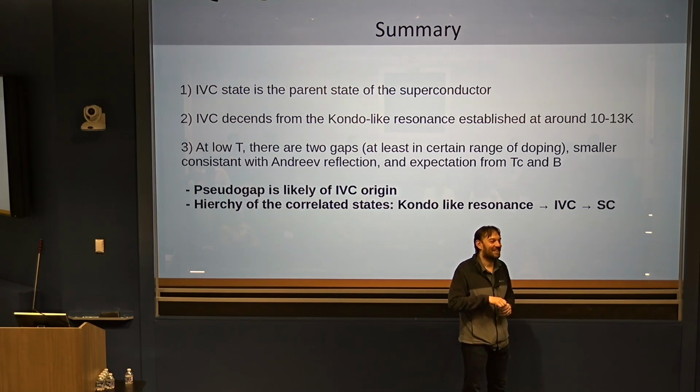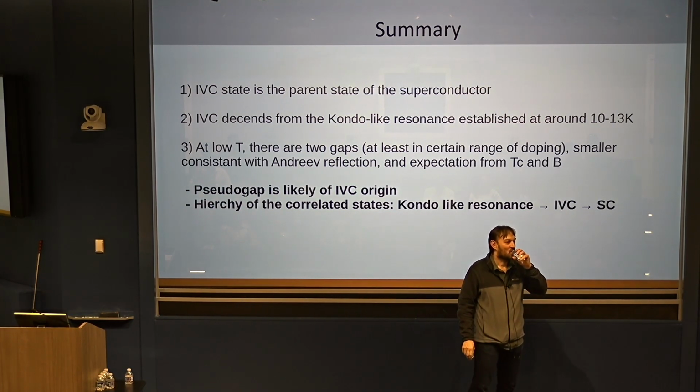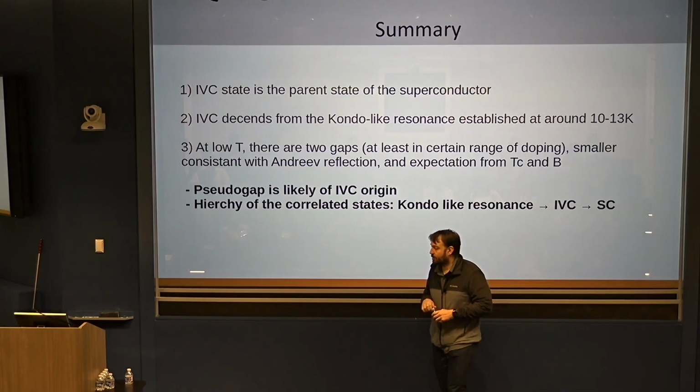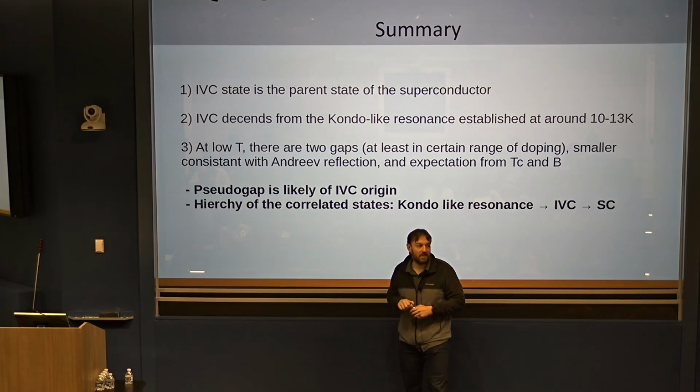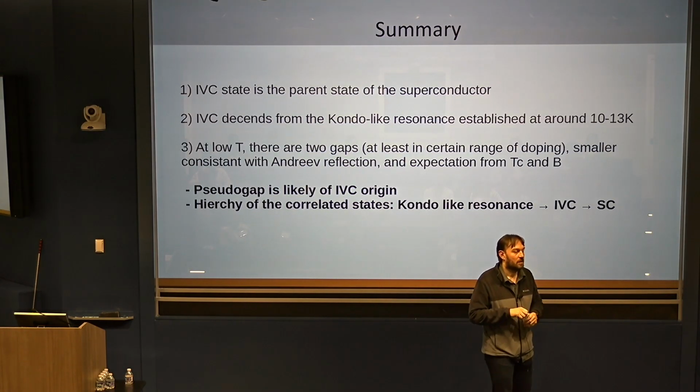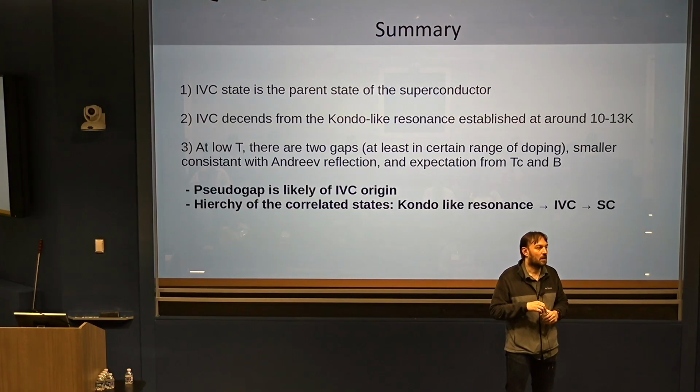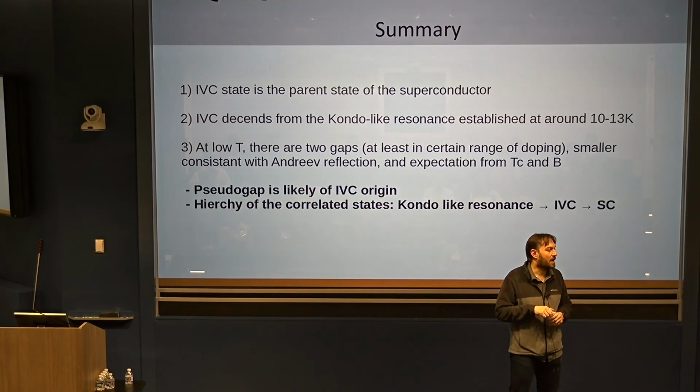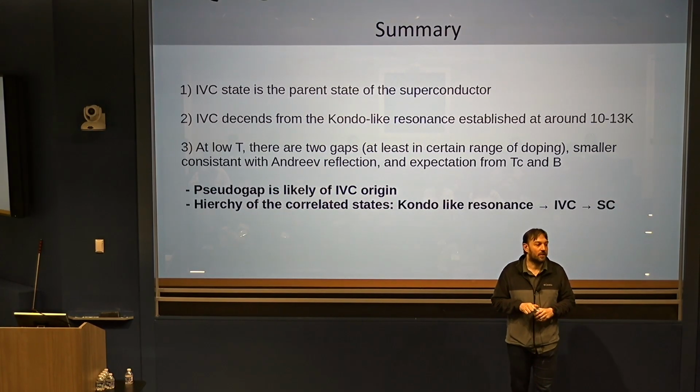Stevan, very quickly. Dependence of the gap, do you have data for temperature dependence? I believe so. Does it disappear at TC? Yes. And before that, does it close or fill in? That we don't have.